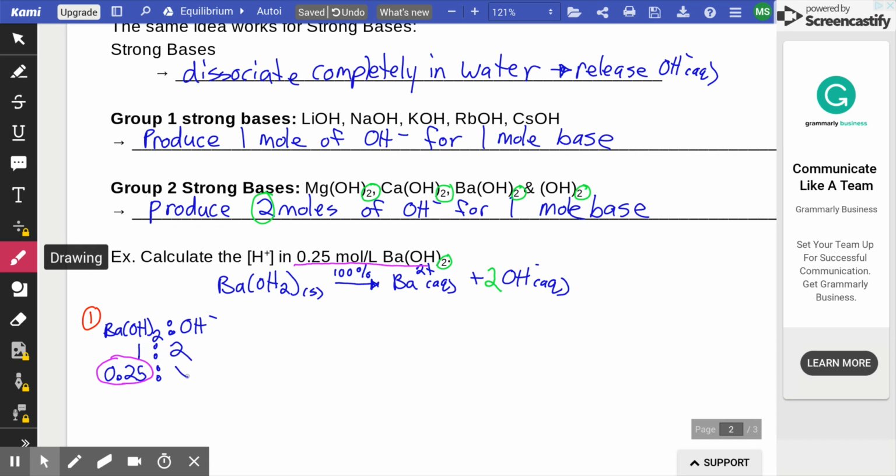And it is in a ratio with X. So again, you turn them into a fraction and then you flip it upside down. So we get 0.25 over 1 equals X divided by 2.